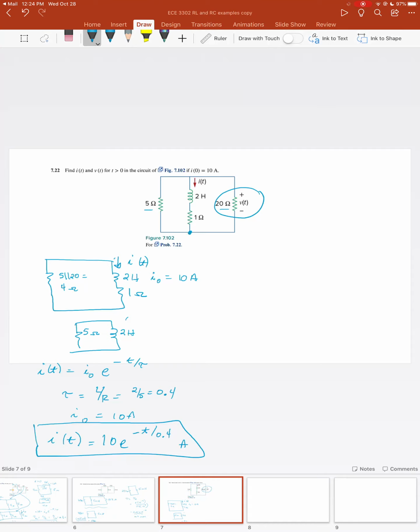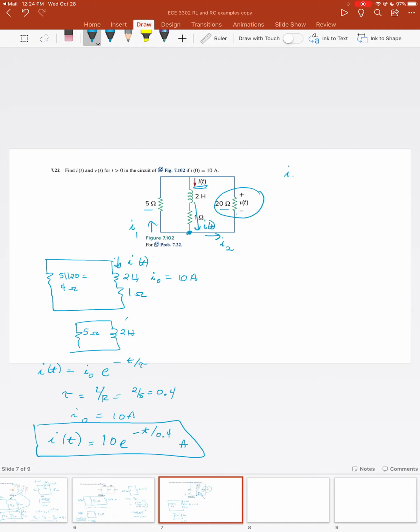Okay, now if we look here, this current, this I of t, splits between the 20 ohm and the 5 ohm resistor. And so given that we know the value of I of t, we know the total current entering the node where we have 2 parallel resistors. So we could find the current through the 20 ohm resistor by using current divider.